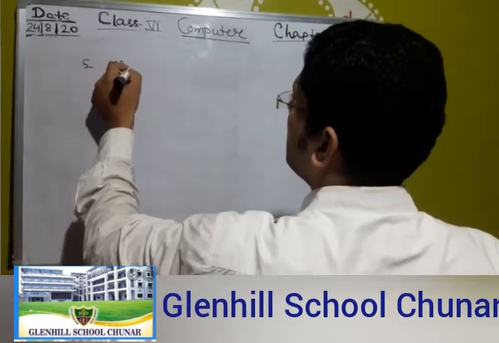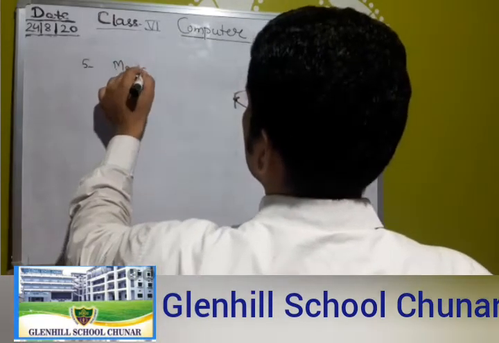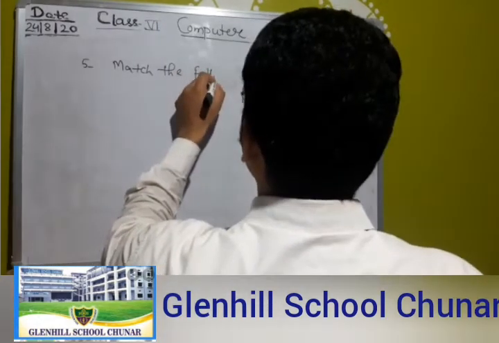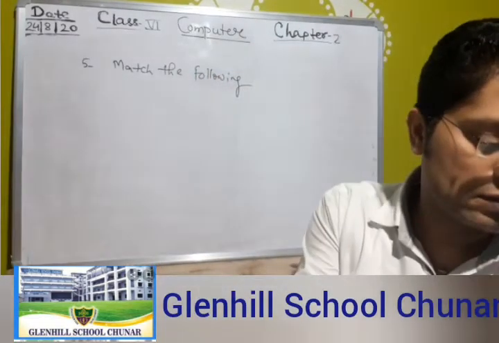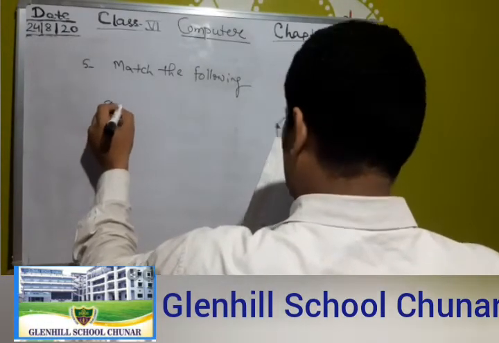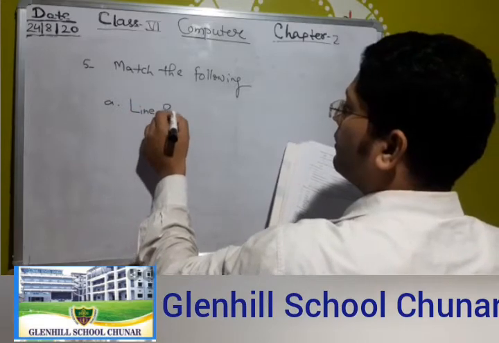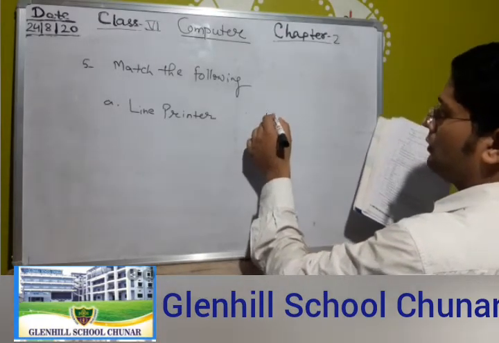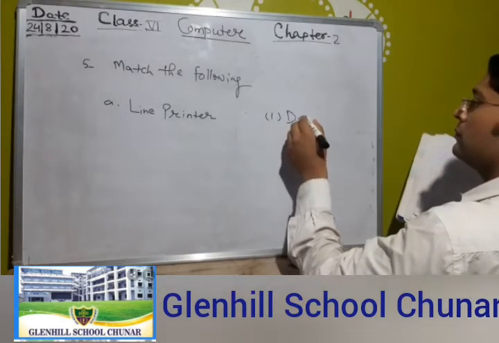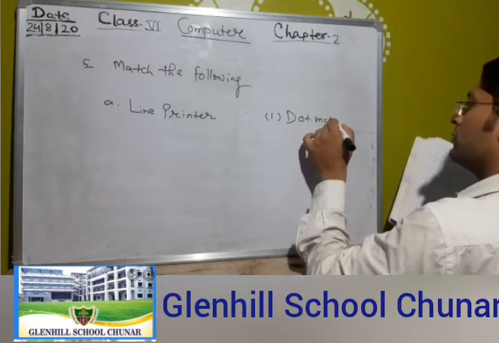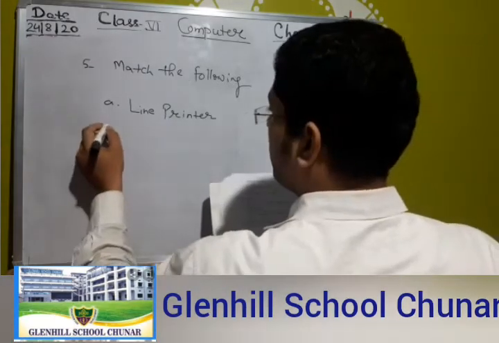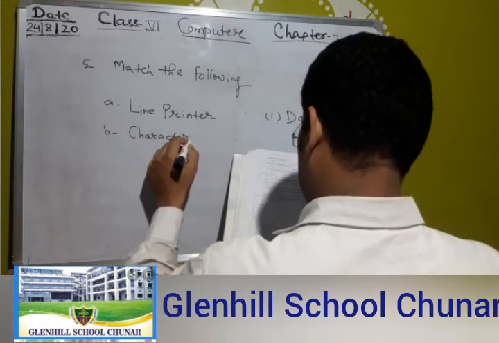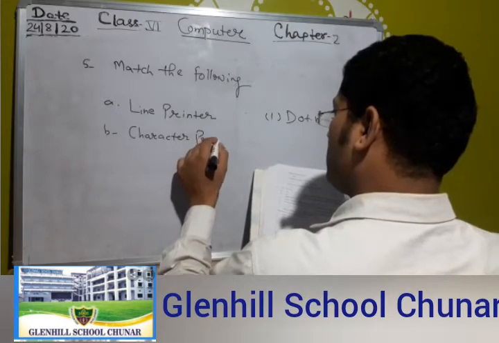Fifth, match the following. A, line printer, and one here, dot matrix, and B, character printer.